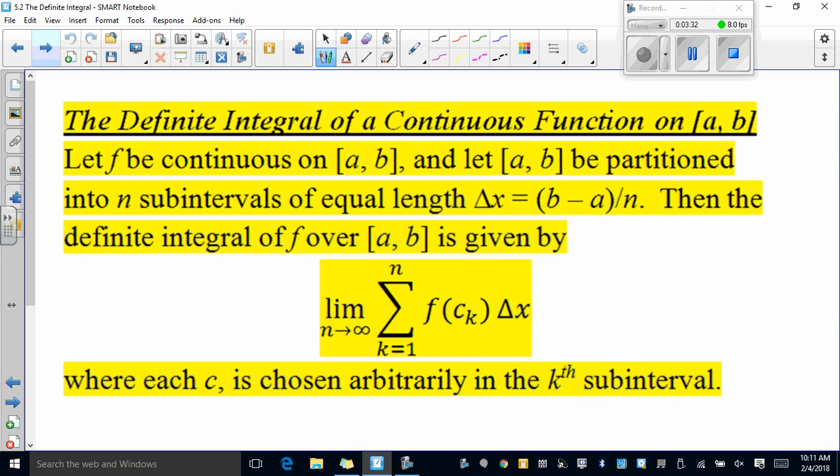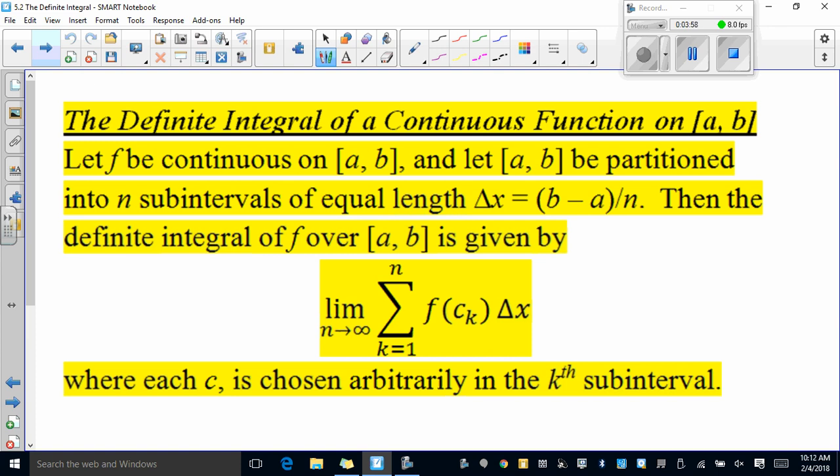We did this in 5.1. As n got closer and closer to infinity, our number of intervals, our value got closer and closer to the actual value, of the summation from k equals 1 to n of f of c sub k delta x, where each c is chosen arbitrarily in the kth subinterval. Whether you're using midpoints, left points, or right points, it doesn't matter.